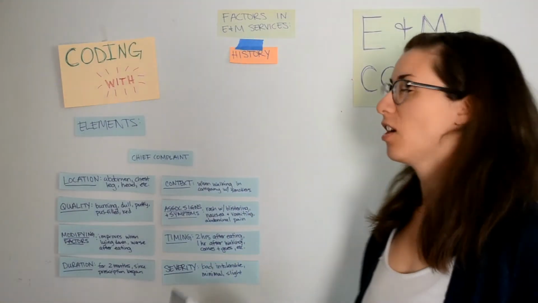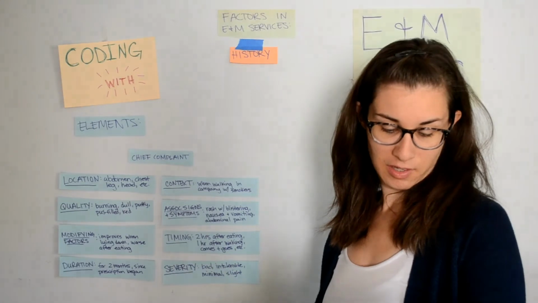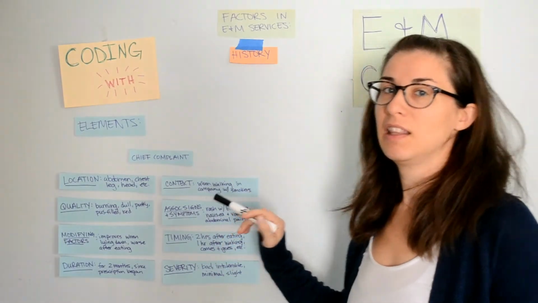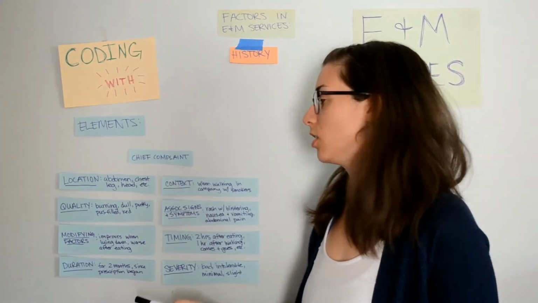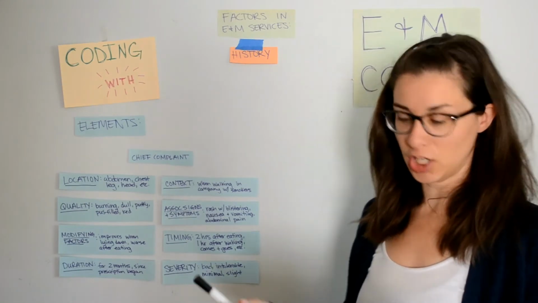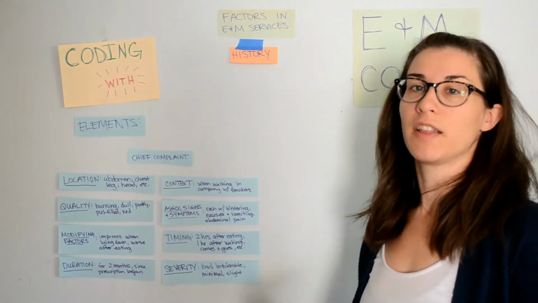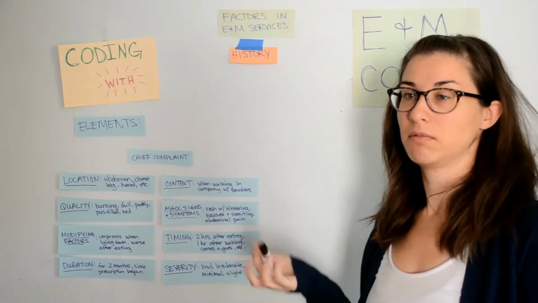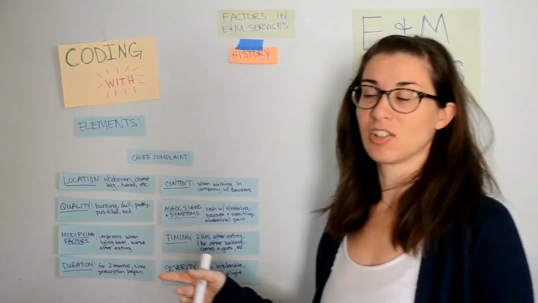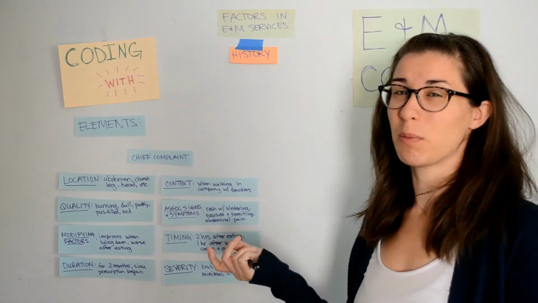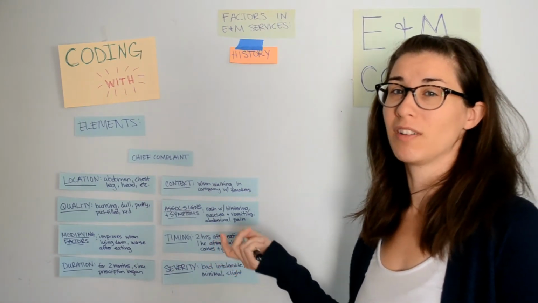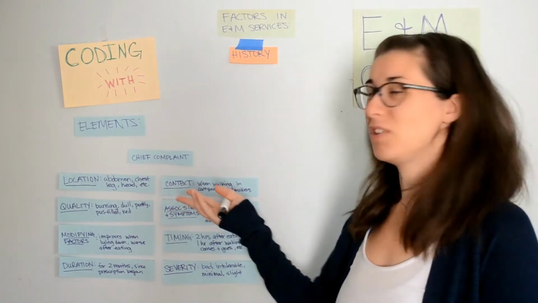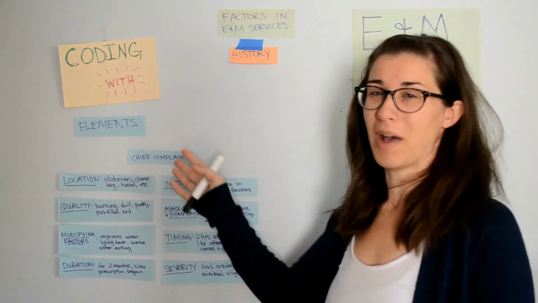Okay, so when we are talking about the chief complaint, this is what each of these descriptions mean. The location, literally the location on the body where they're having pain, etc. The quality, so what descriptors they use for that associated symptom on the body.